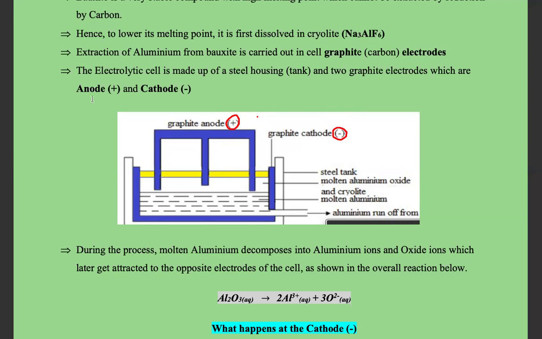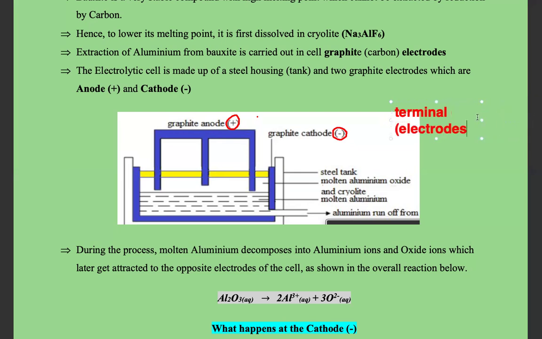The three major parts of this cell that you need to understand: one, the terminals. These terminals are also called electrodes.